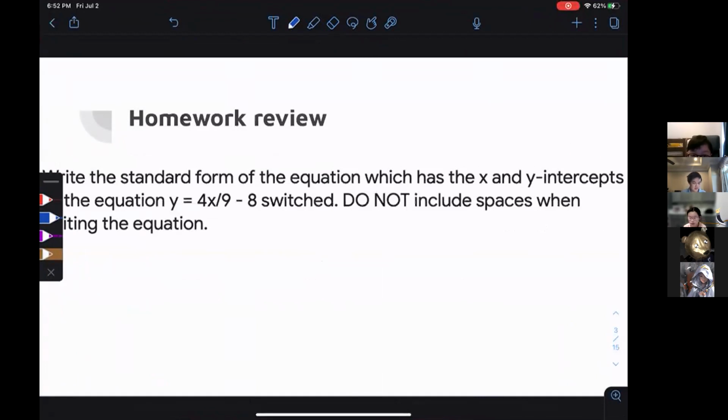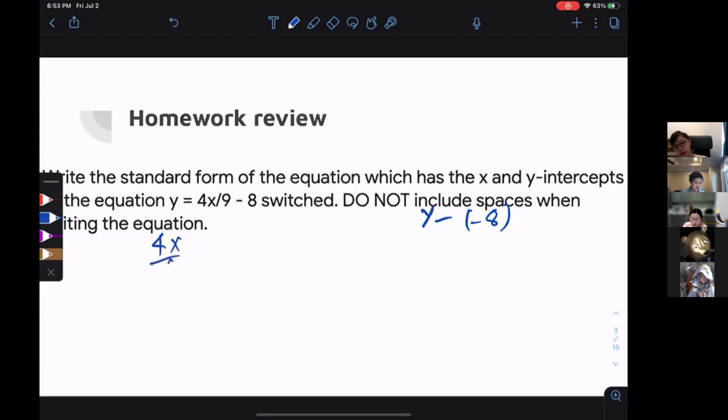All right, so just to start us off here, we want the line with the x and y intercepts switched, and I immediately see, since this line is in slope intercept form, that the old y-intercept is -8. And then to find the x-intercept, you set this y on the left hand side to 0, since the x-intercept is where it intersects the x-axis, so then y would be 0.